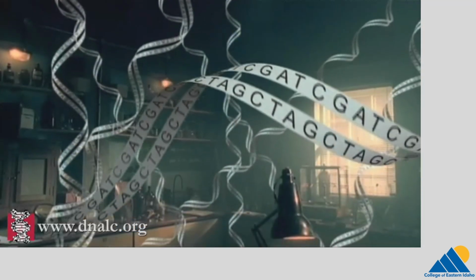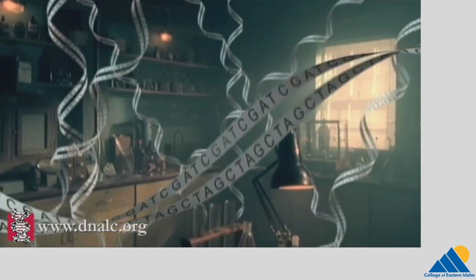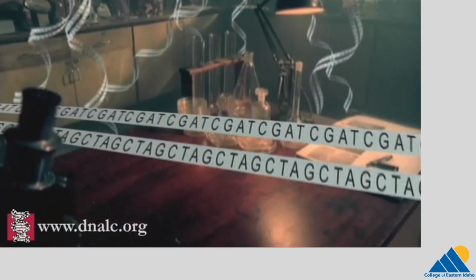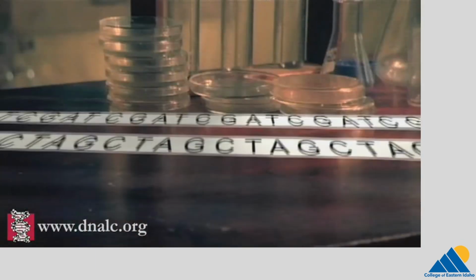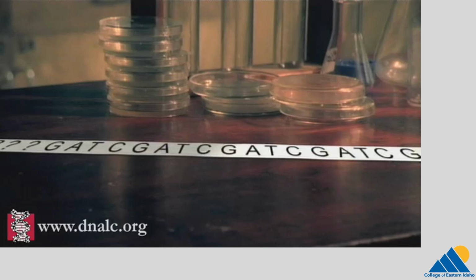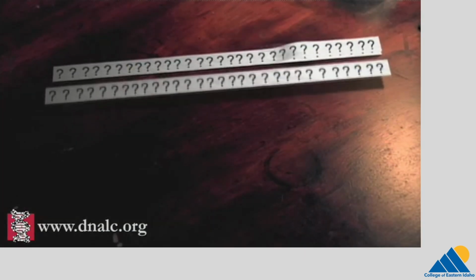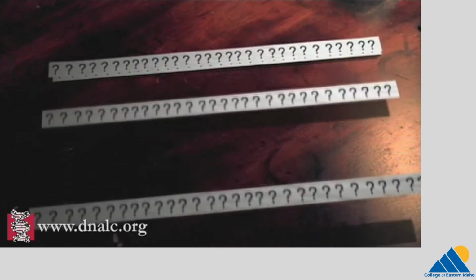The first method of sequencing the genetic code was devised by Fred Sanger. To sequence the DNA, it must first be separated into two strands. The strand to be sequenced is copied using chemically altered bases.